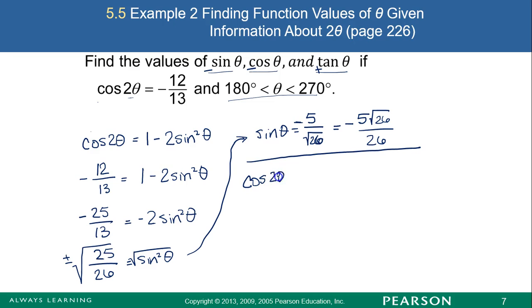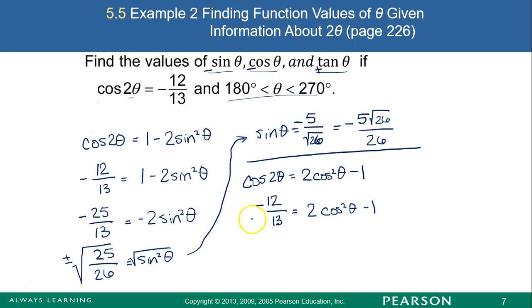Cosine of 2 theta is equal to the other one of these, 2 cosine squared theta minus 1. Again, this is just one of our identities for cosine. And we're going to plug in for cosine 2 theta what it is equal to.